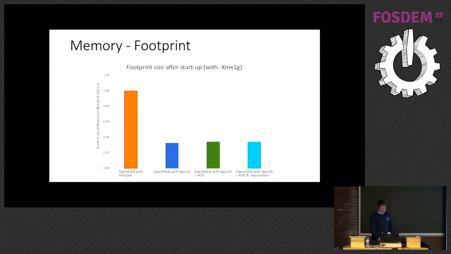And I was also contacted yesterday with some updated numbers for JDK 11 when running DayTrader 3. Who's familiar with DayTrader 3? Hey, one person. The short version is it's a tool you can use to measure how much memory you're using.